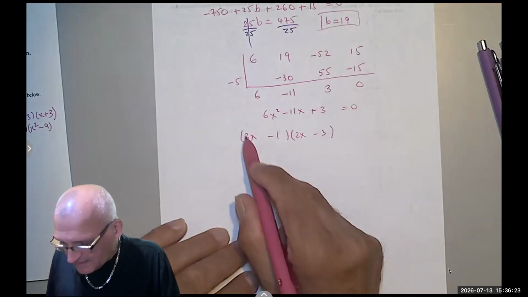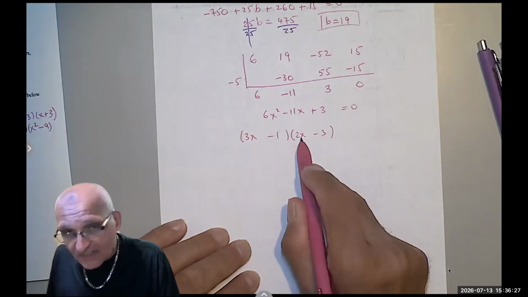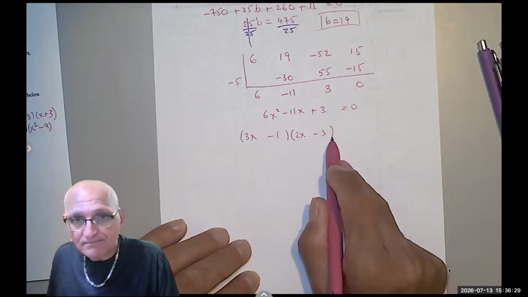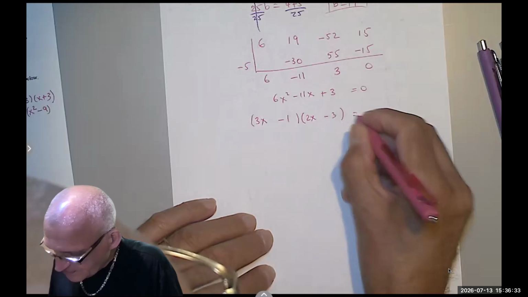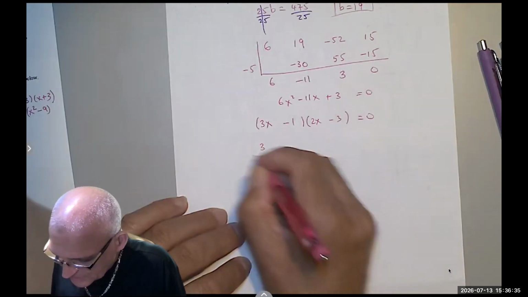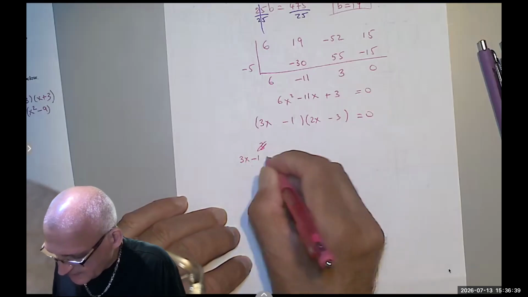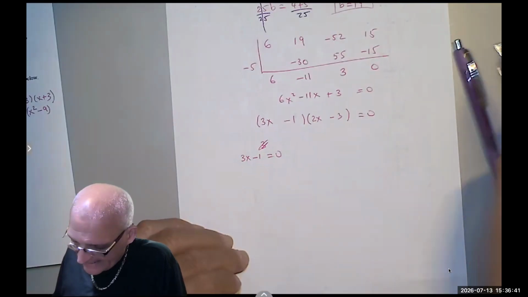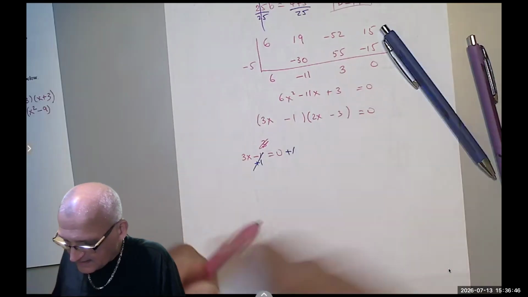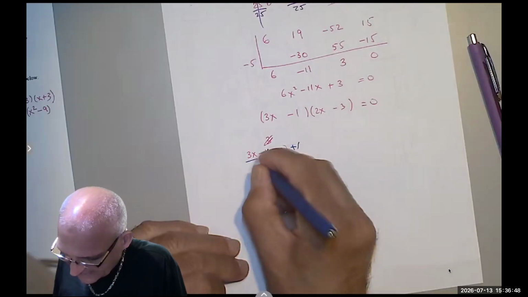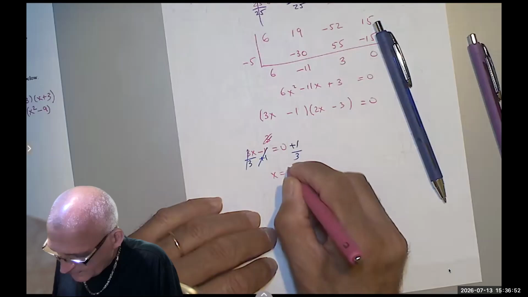So now I get 6x squared, negative 9 minus 2 is negative 11 plus 3, okay? Equals 0. So now for the roots, either 3x minus 1 equals 0. By adding 1 to both sides, I get 3x equals 1. By dividing by 3 both sides, I get x equals 1/3.